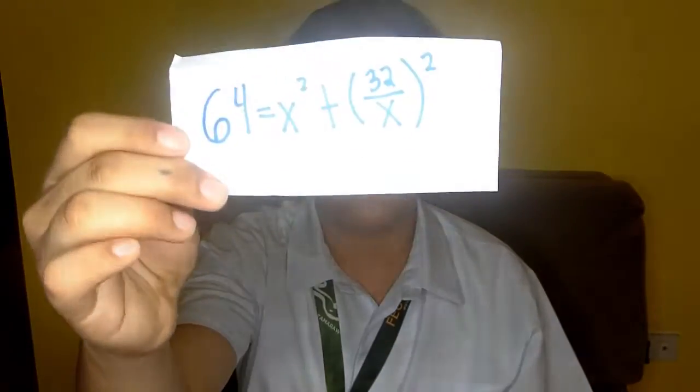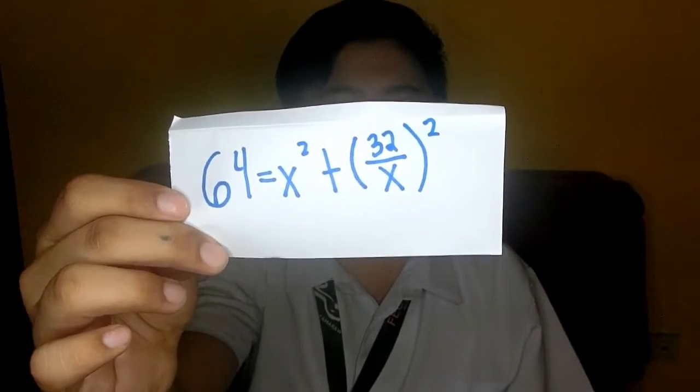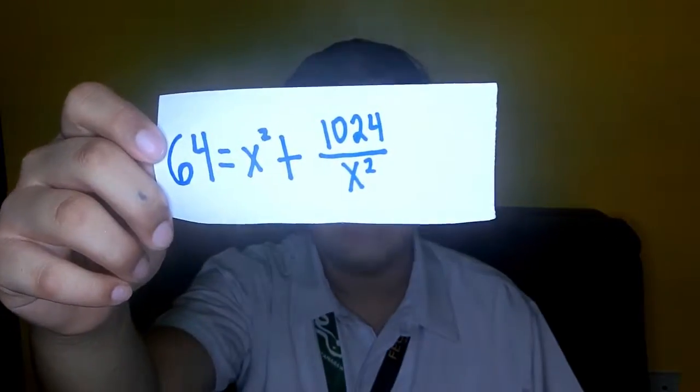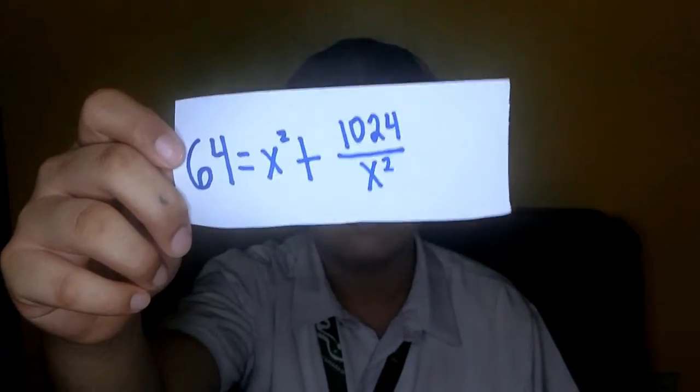The next step is to substitute the value of y into equation 2. It's going to be 64 equals x squared plus (32 over x) squared. If we simplify it, the answer is 64 equals x squared plus 1024 over x squared.